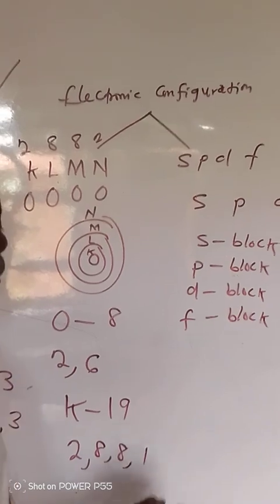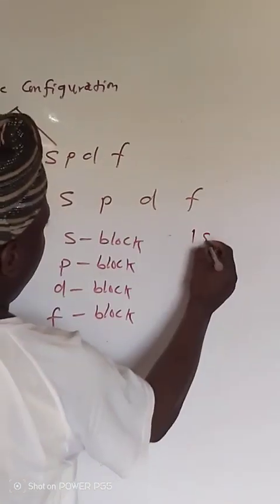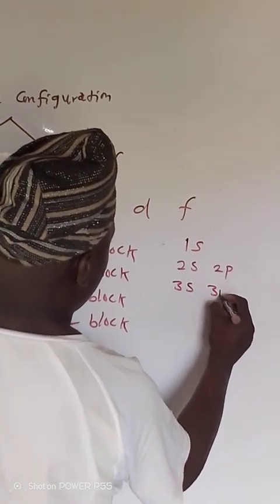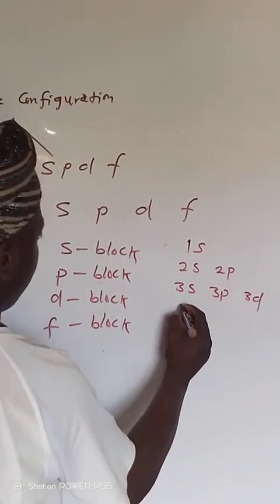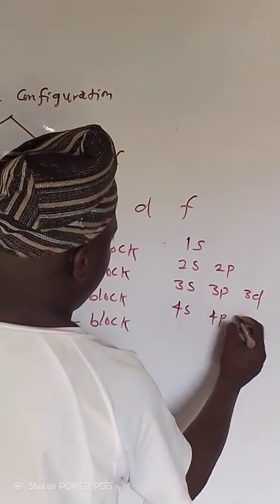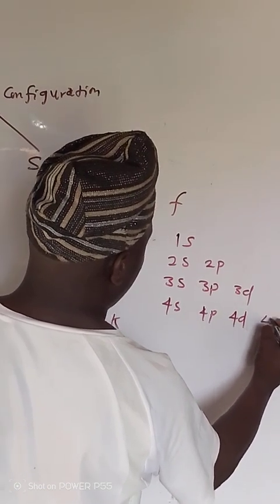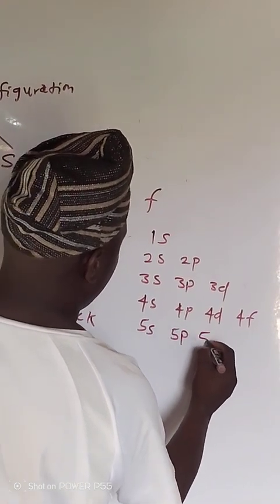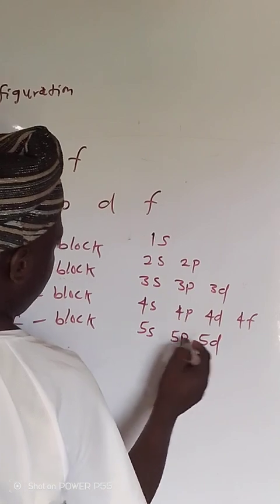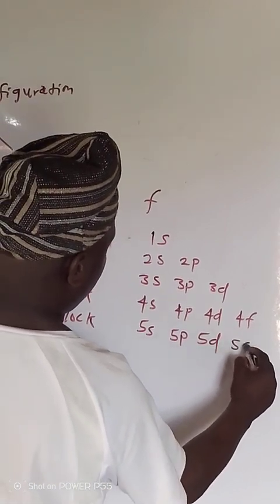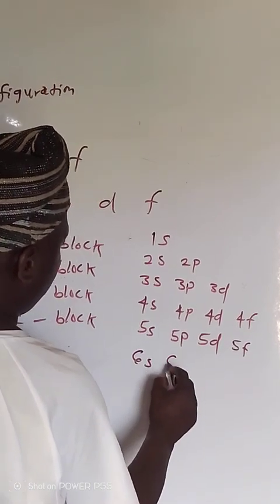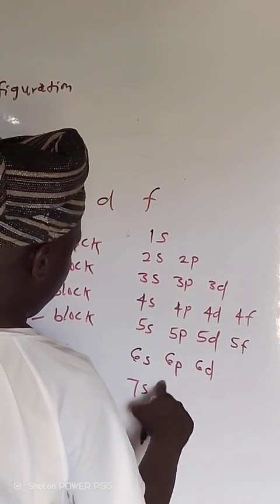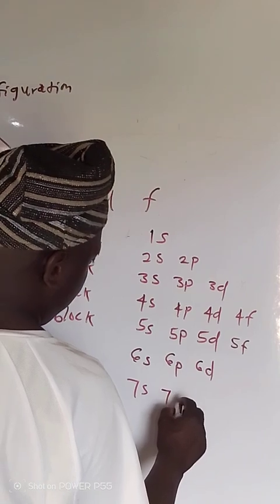Then for the Spdf, the first one is 1s, 2s, 2p, 3s, 3p, 3d, 4s, 4p, 4d, 4f, 5s, 5p, 5d, 5f, 6s, 6p, 6d, 7s, 7p.